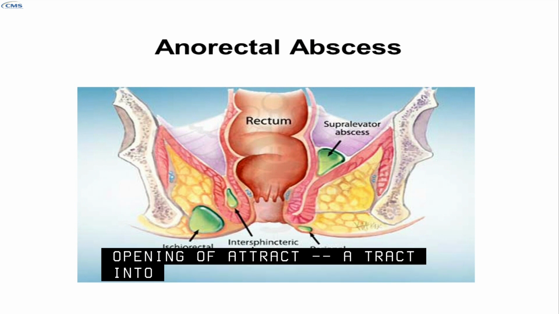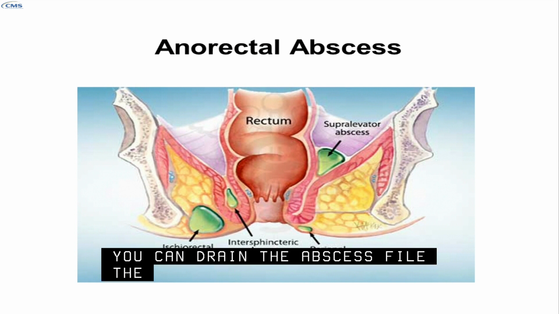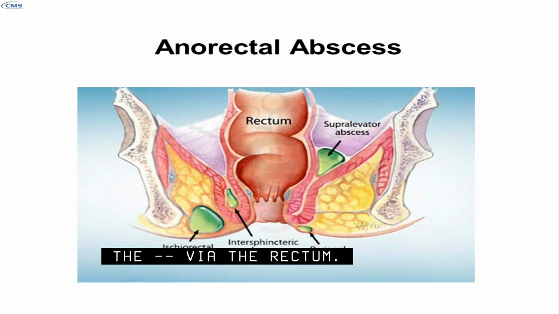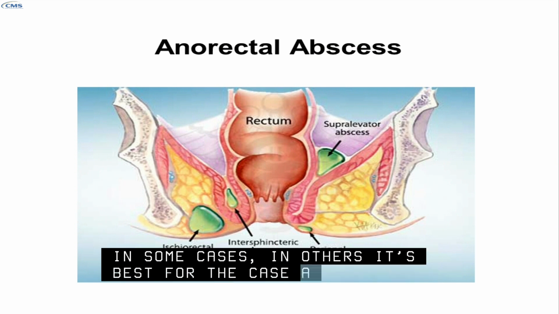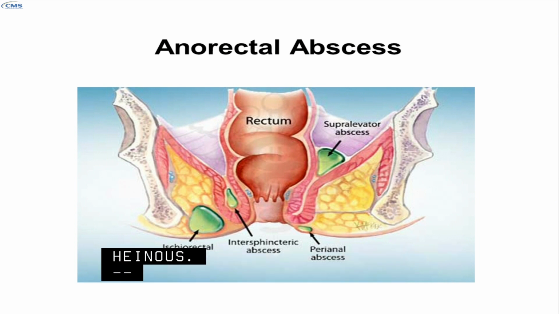Depending on the location, that can make it important either to drain the abscess via the rectum, so transmucosally, in some cases, but in others it's best for the patient if we drain the abscess through the skin surrounding the anus. And so for these reasons, it is important to us to be able to distinguish amongst these four terms.